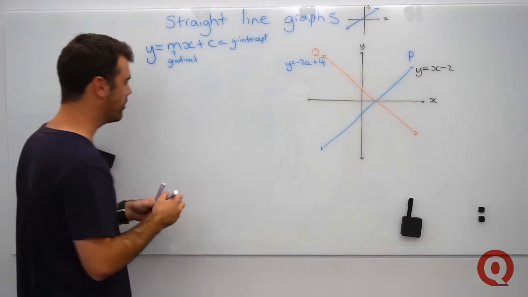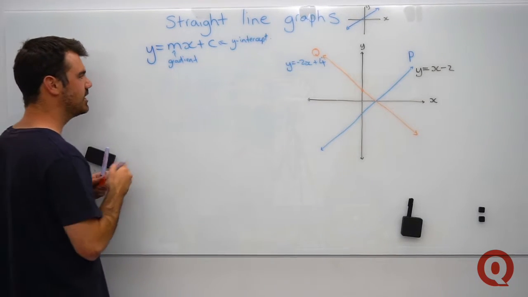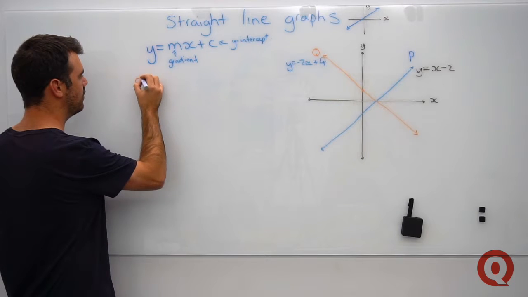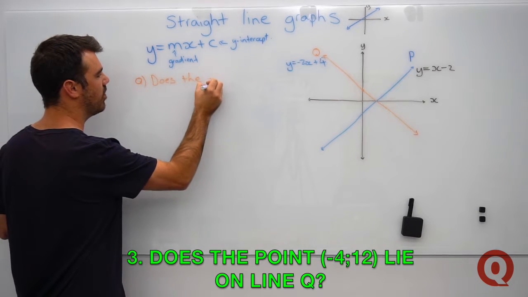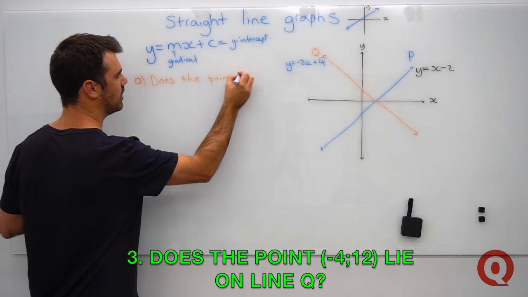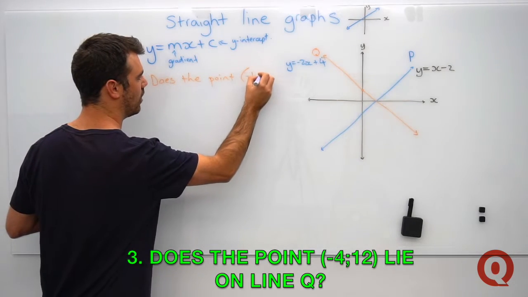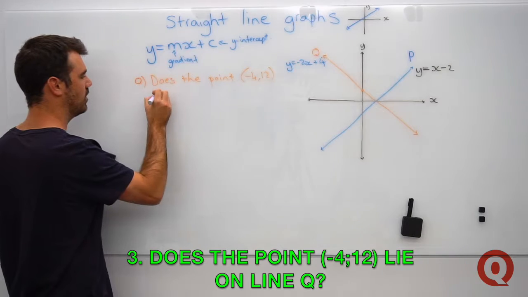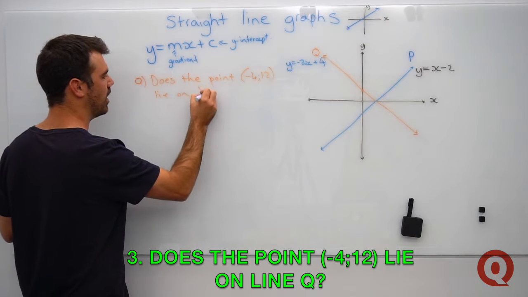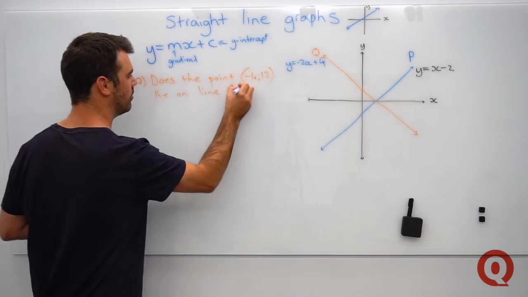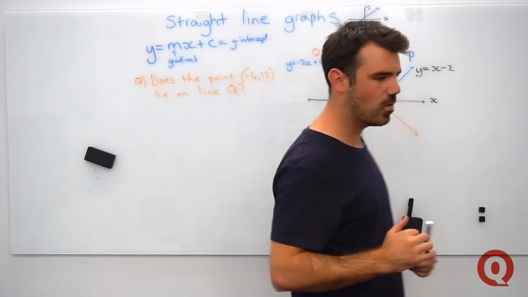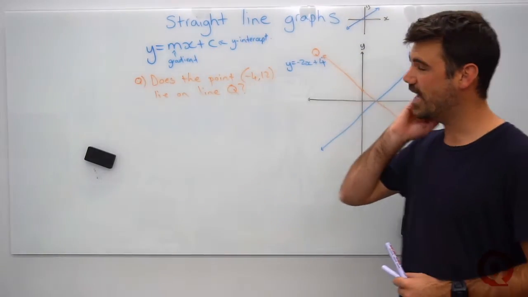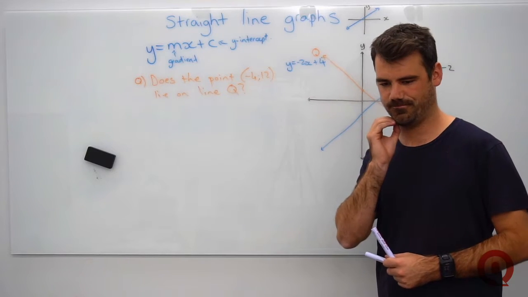The question is: does the point -4 and 12 lie on line Q? This line over here, line Q.